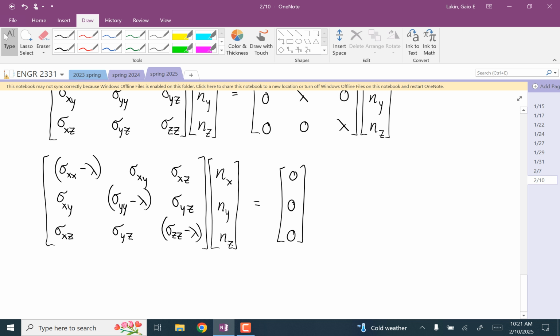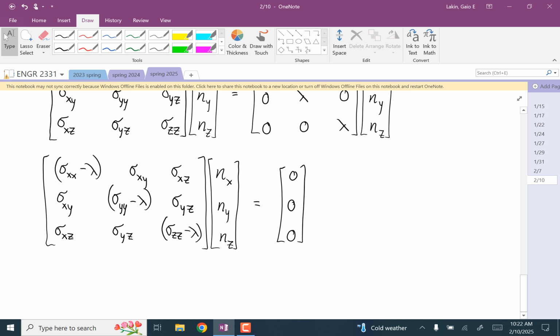If this matrix has an inverse, you could multiply its inverse to this side, and you just end up with nx, ny, and nz. Multiply the inverse times this side, and you get zeros, and your solution would be that nx, ny, and nz is equal to zeros. Would that happen like if there were no stresses? No, it just doesn't mean anything. And so what we're going to do is require that this isn't invertible.